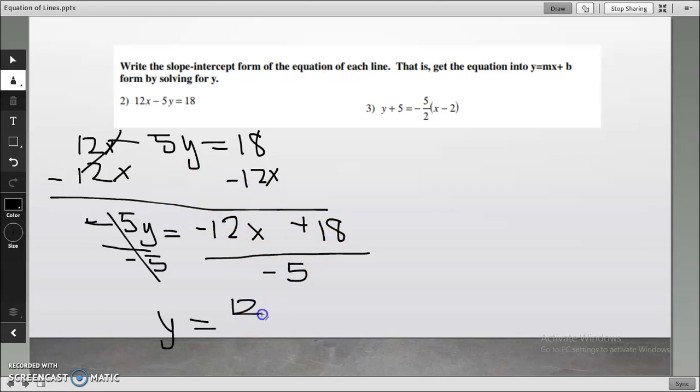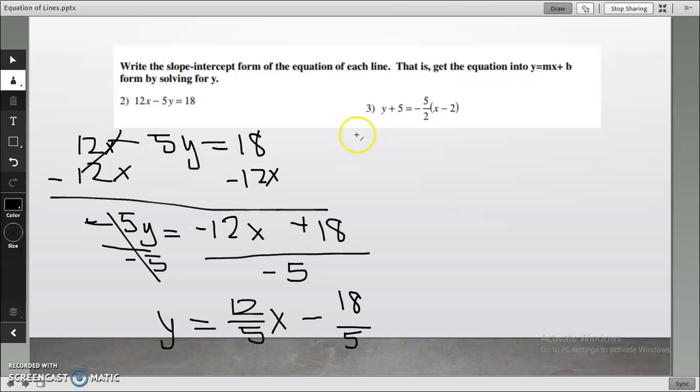So that's going to give me 12 over 5x, and it's perfectly okay to leave it in fraction form. And this is going to be a positive and a minus, so that's going to change to minus 18 over 5. And I can't reduce that any, so this is going to be my final form.